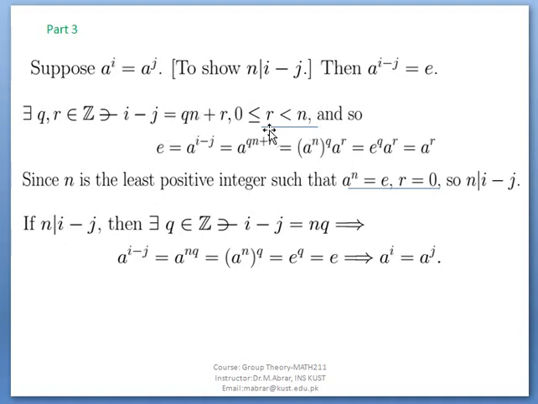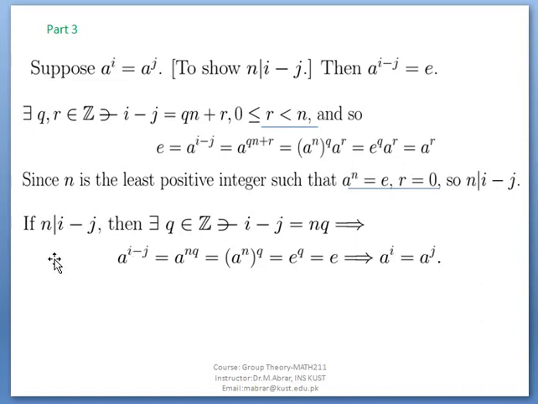Of course this r is less than n here, and simple calculations show that this is nothing but a^r is actually e, because n was the least positive integer by definition. So a^n gives e, n is the least here, but we see here a^r also gives e, so the only option we have is r is 0. So when r is 0, then by definition of division of integers, n divides i minus j.